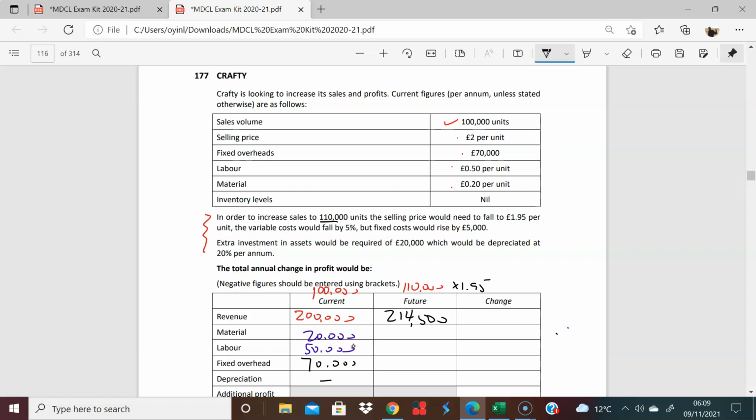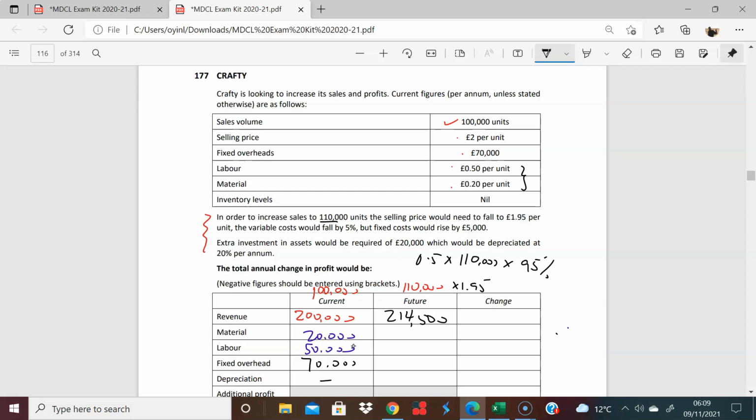Then you have material costs here. I've been told that the variable costs will fall by 5%. So these are variable costs here, right? So currently my variable costs, literally just multiply them and then drop them by 5%. So they fall by 5, you're only going to have 95% of that.